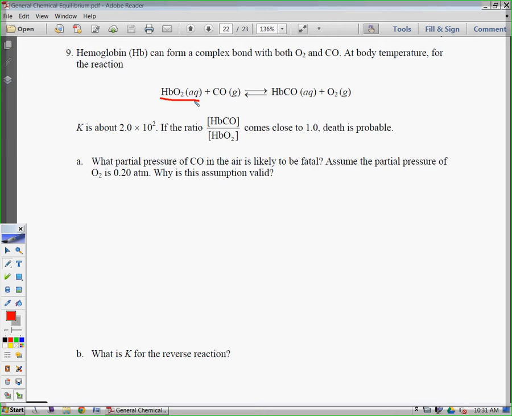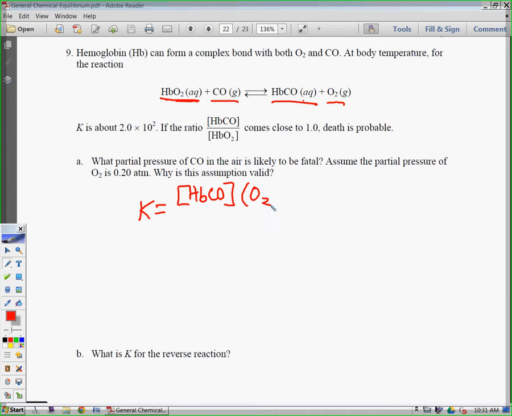Anyway, this equilibrium is an equilibrium between oxyhemoglobin and carbon monoxide, making carboxyhemoglobin and oxygen. They're all gases or aqueous, so they all actually participate in the equilibrium expression. The equilibrium expression of this reaction is K equals the carboxyhemoglobin, which is the product here, times oxygen.